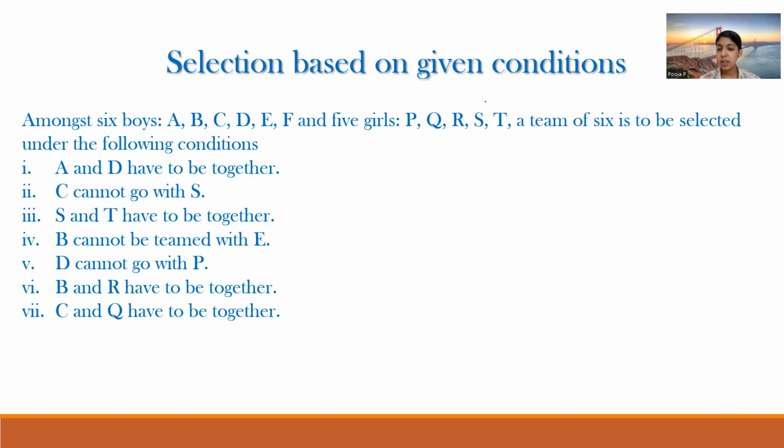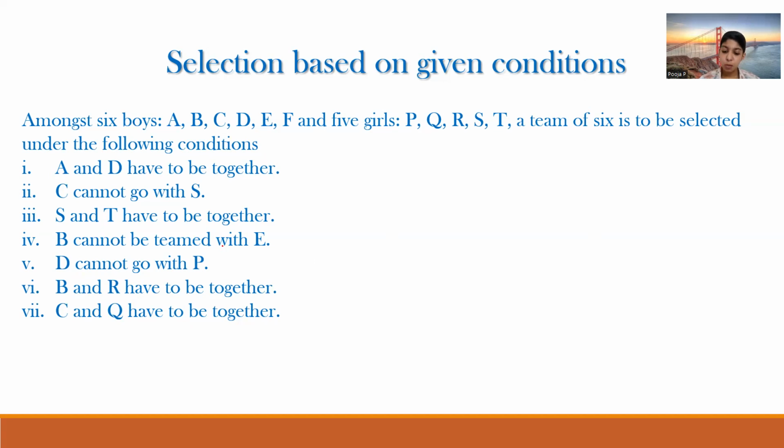So if you're selecting S, T also should be selected, or the other way. That is, if T is selected, S also should be there. B cannot be teamed with E. That is, B and E cannot be taken together, just like how we had for C and S. One of them you take, the other you cannot take. And D cannot go with P. Fine. B and R have to be together, and C and Q have to be together. So these are the given conditions.